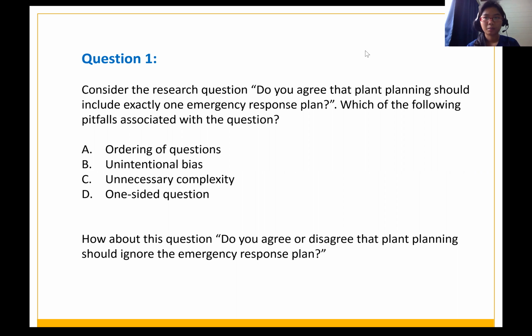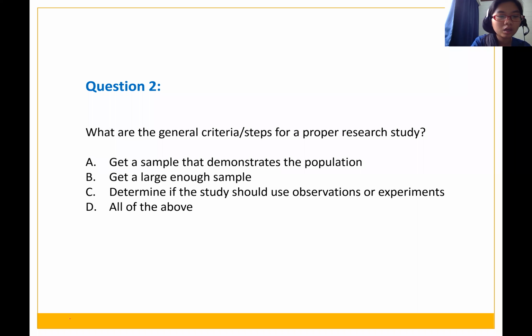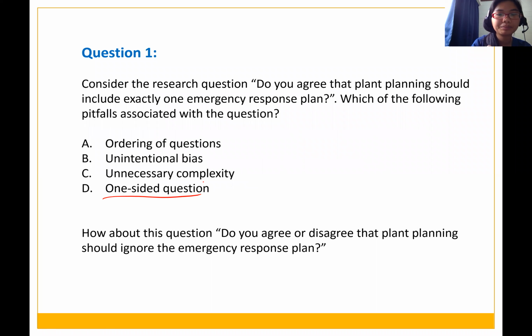Okay, let's get to answering these questions. So the answer to this question is one-sided questions, very clearly in the way that they phrase the question. The first thing that you read is, do you agree?